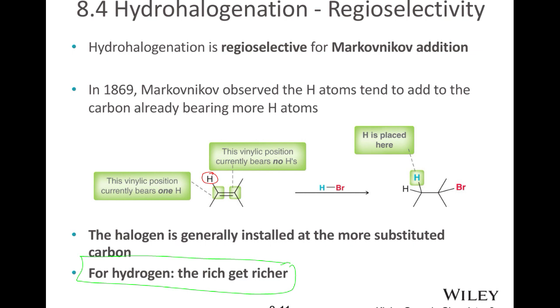So for hydrogen, the rich get richer. Whichever carbon has the most hydrogens on it is going to take the hydrogen from our HBr in this case. In this case, we have only one hydrogen attached to our carbon-carbon double bond, so it's going to take the new proton, and therefore our bromine is going to go to the other carbon.